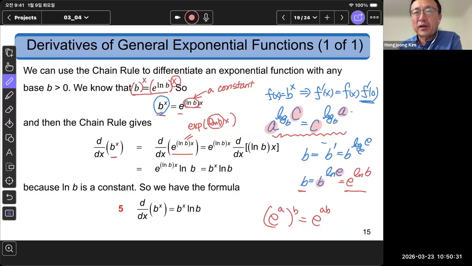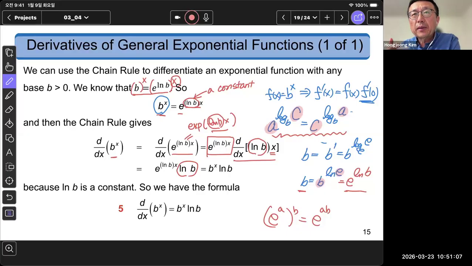Constant multiple of x. So if I differentiate the outer function, we get the exponential function evaluated at the inner function, and then I need to multiply the derivative of the inner function. The inner function is just a constant multiple of x, right? So if I differentiate this in x, you just have the constant.